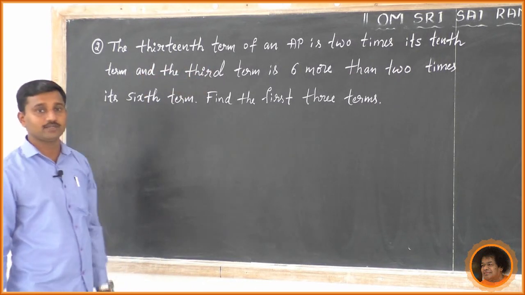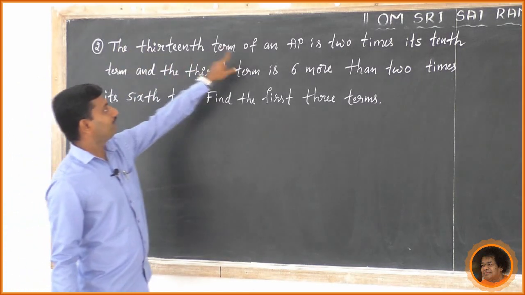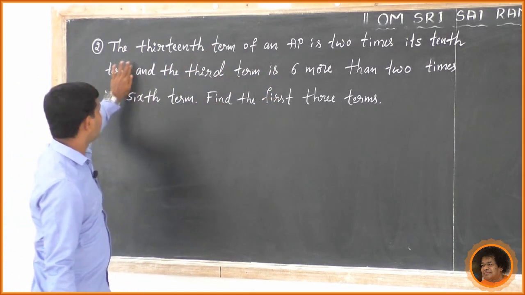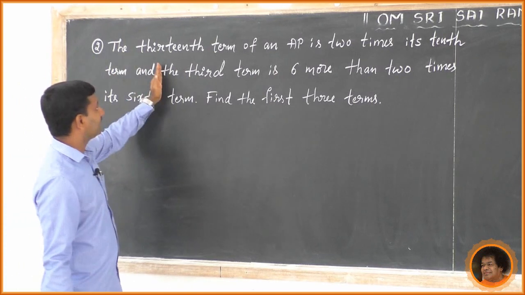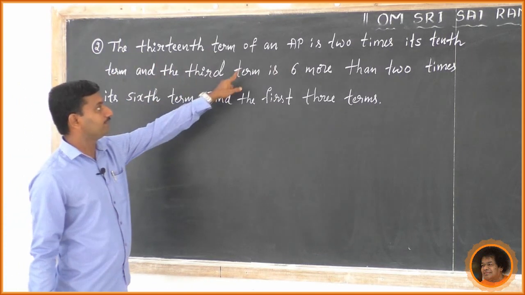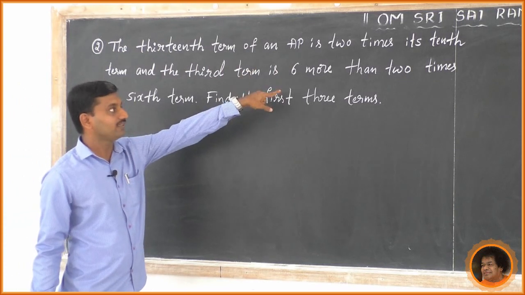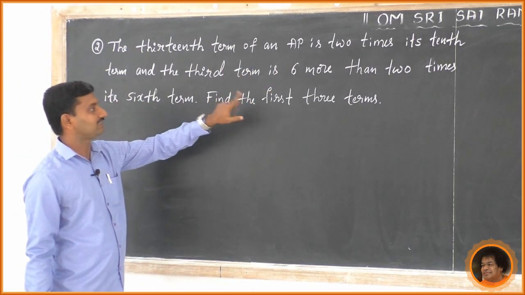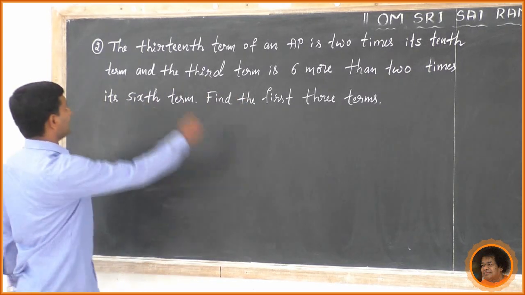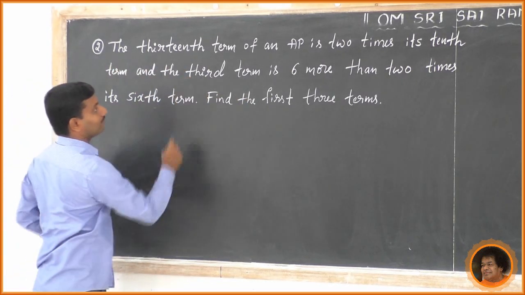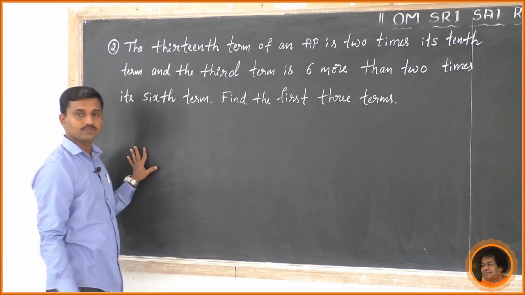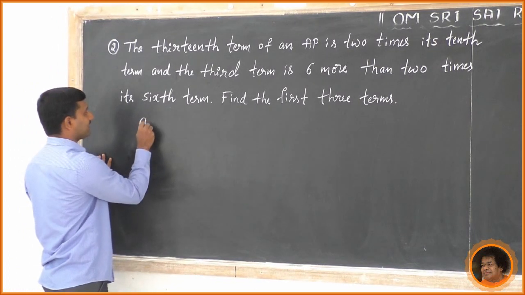What is the first condition? The 13th term of an AP is 2 times its 10th term. First condition. The second condition is the third term is 6 more than 2 times its 6th term. Find the first 3 terms. Now write the conditions. The 13th term of an AP. How to write the 13th term? 13th term means A13.